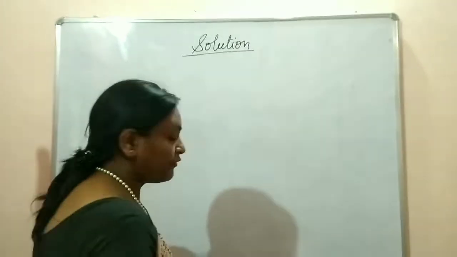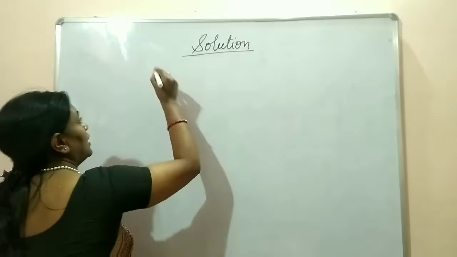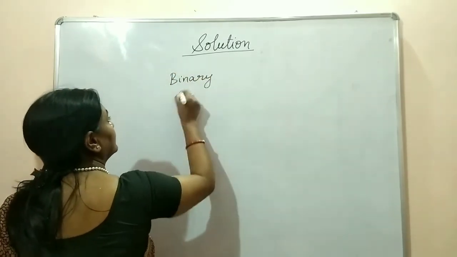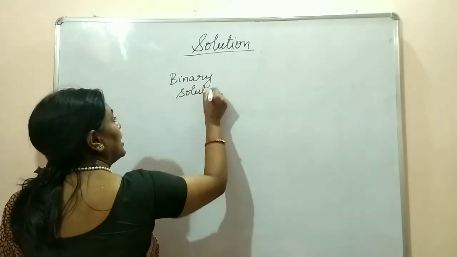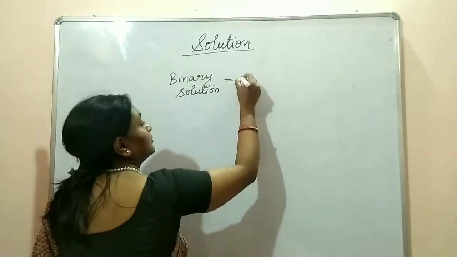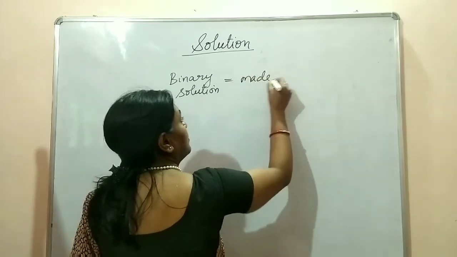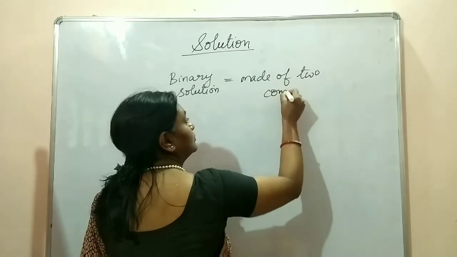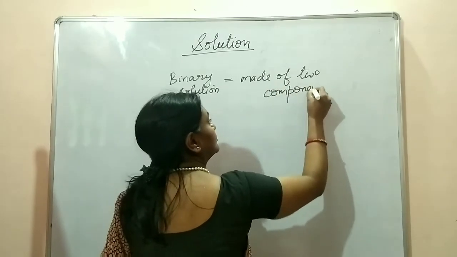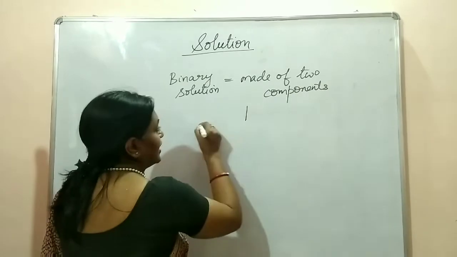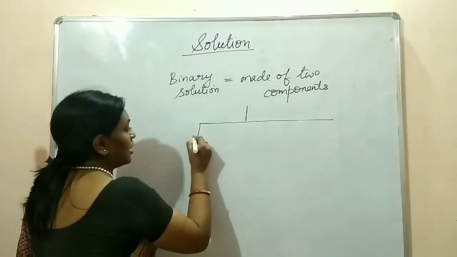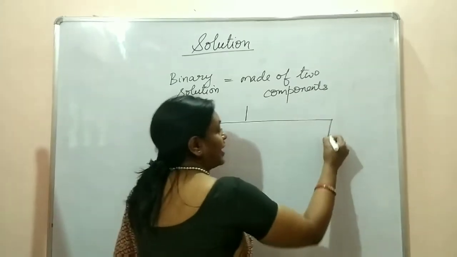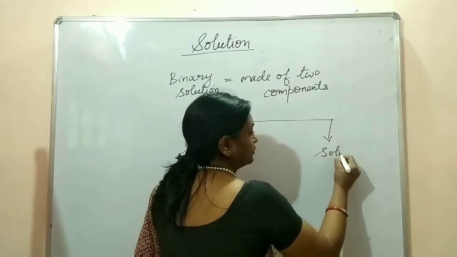The two parts of a binary solution are called solute and solvent.